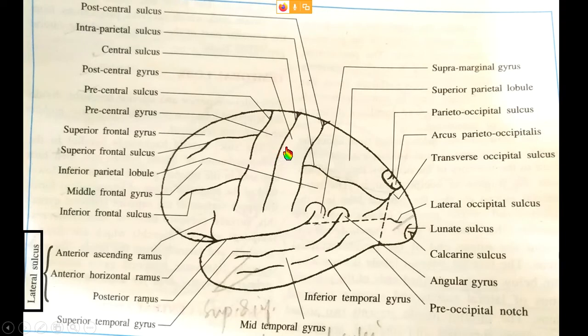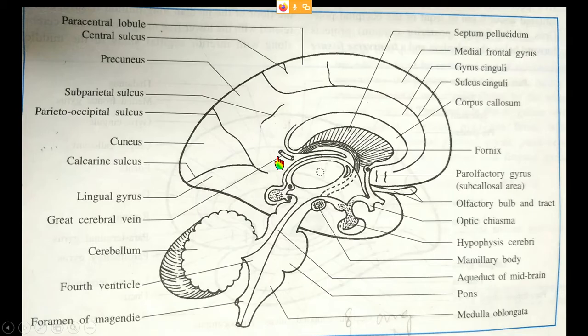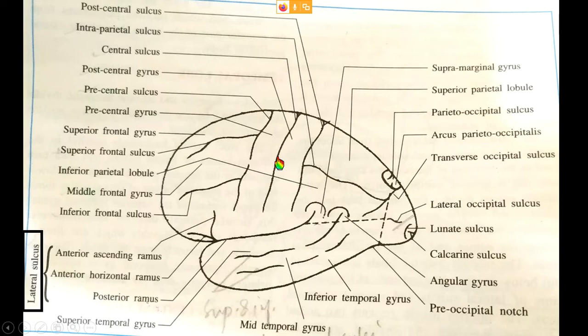The central sulcus is an example of a limiting sulcus because it separates the agranular motor cortex in front. In front of the central sulcus it is agranular motor cortex, and behind it is granular sensory cortex.